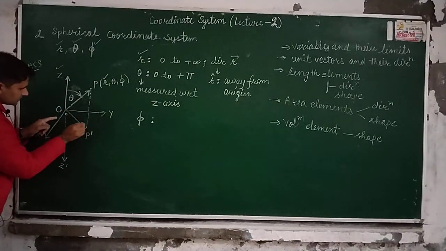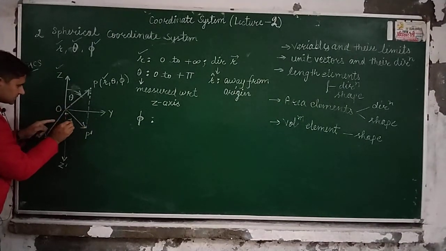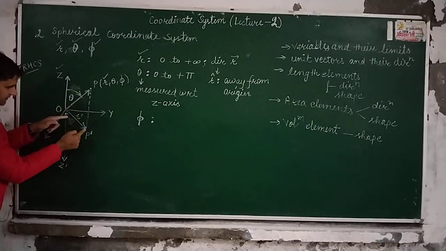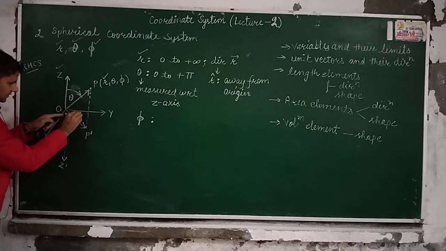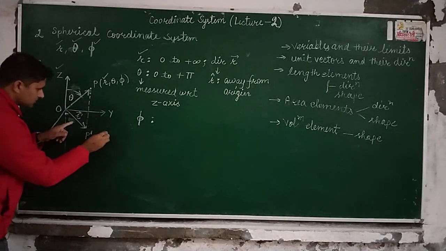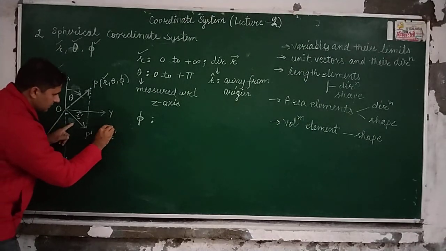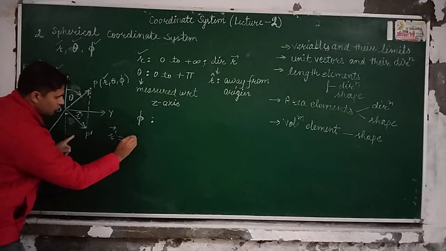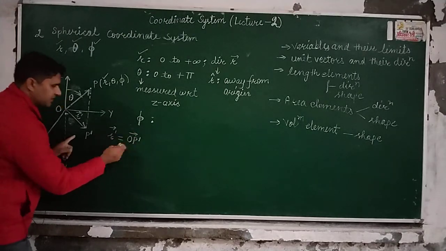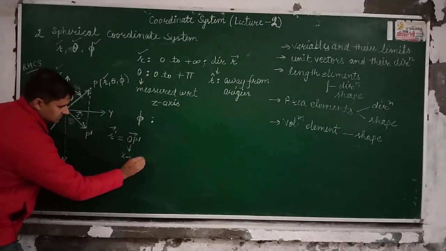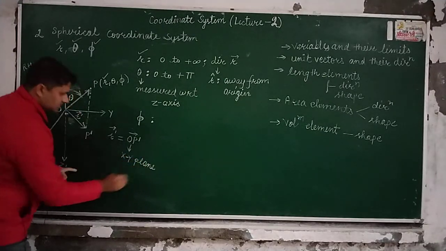Let the magnitude of this be r dash, vector r dash. So what will be r dash? This is vector OP dash, and it is in the xy plane.